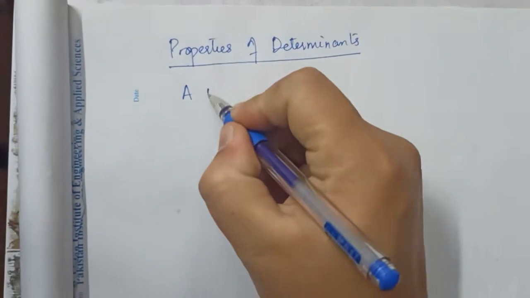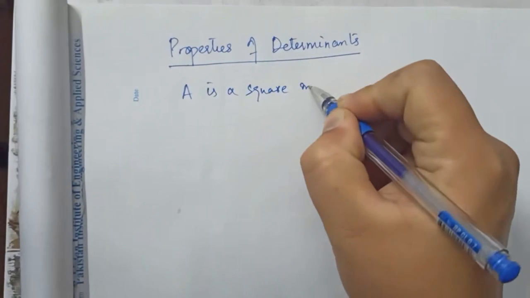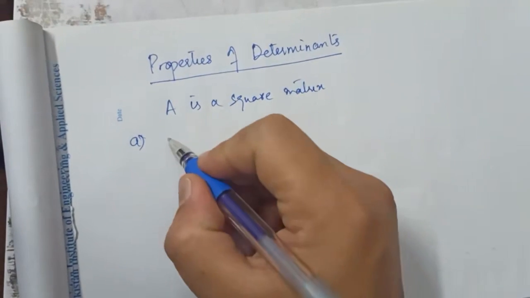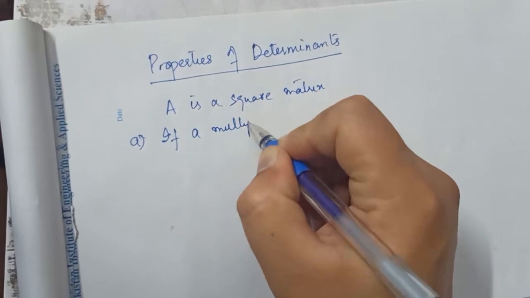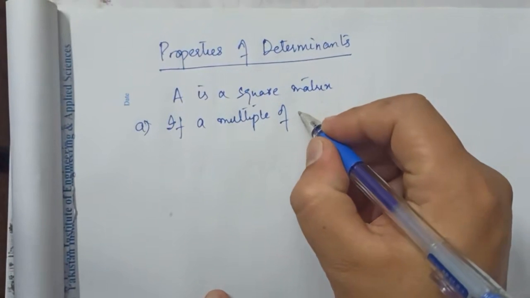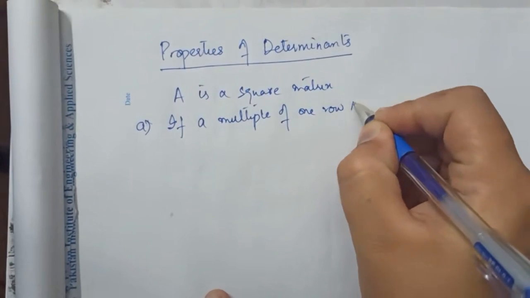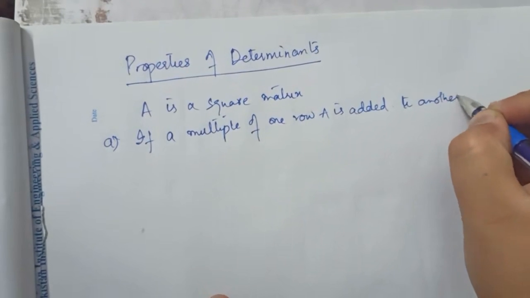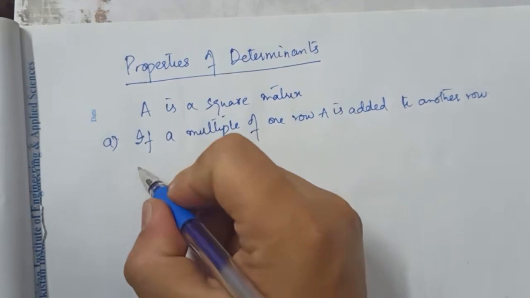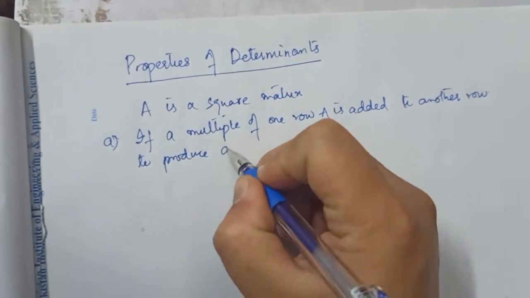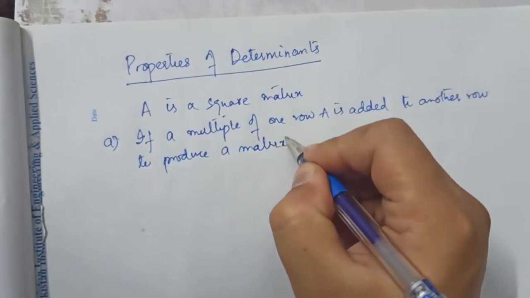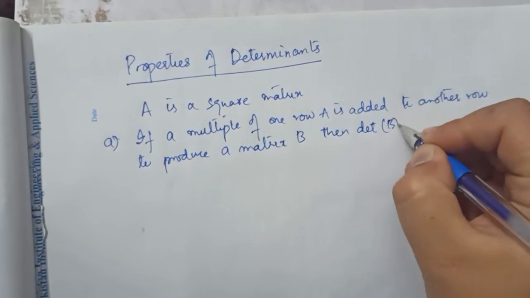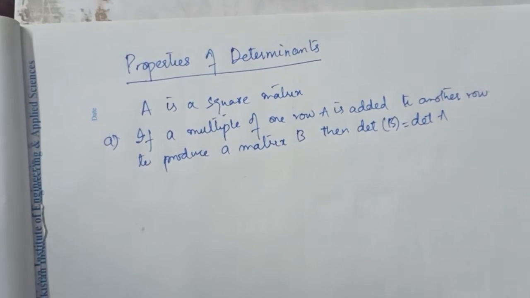If A is a square matrix, the first property is: if a multiple of one row of A is added to another row to produce a matrix B, then the determinant of B is equal to the determinant of A. Okay.